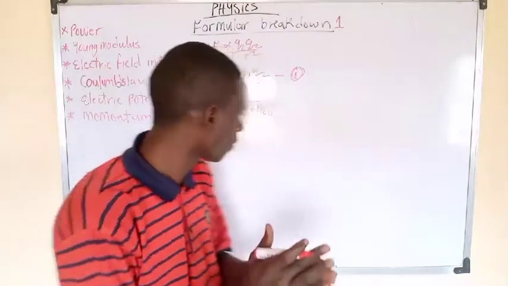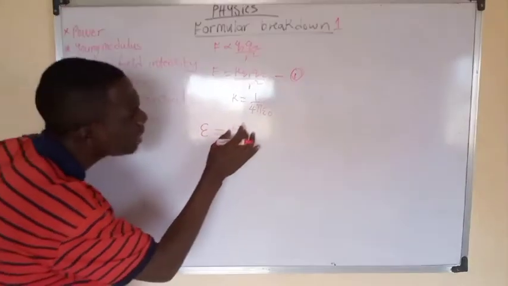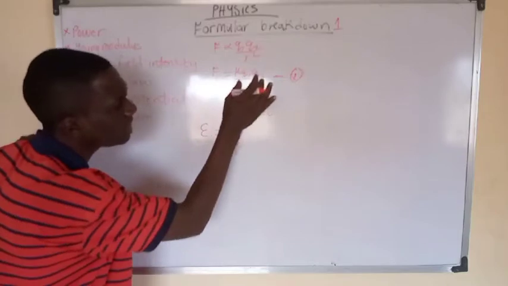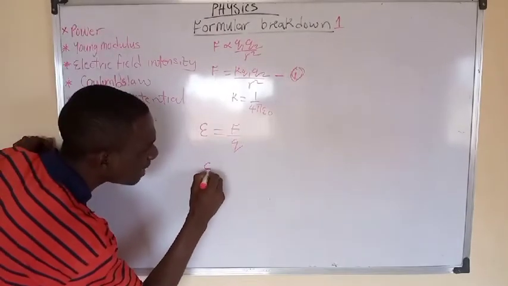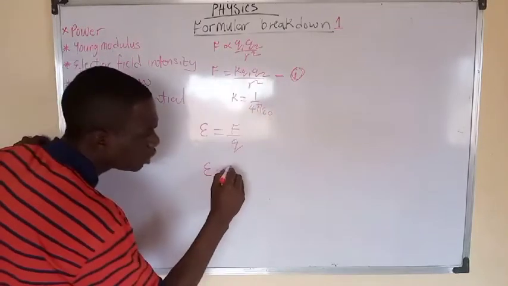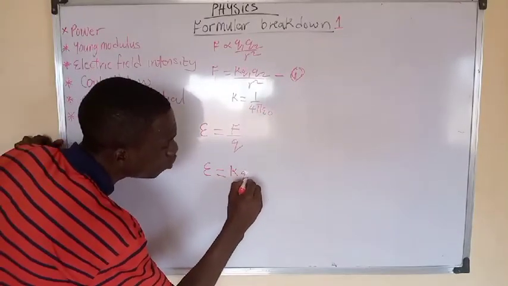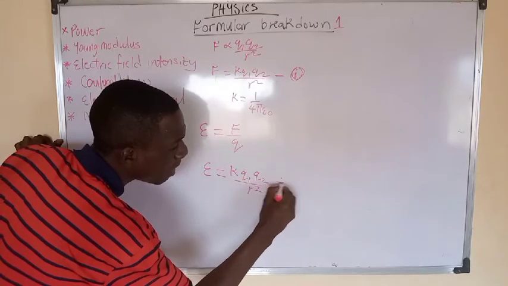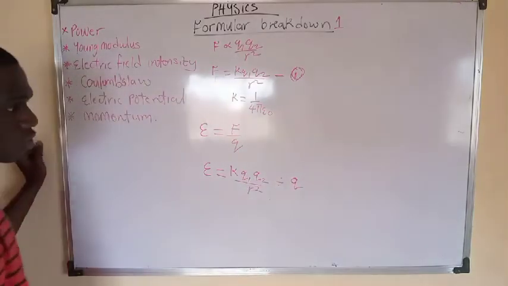But if the charges are unlike, there will be a force of what? Attraction. Alright, so now if I introduce the value for F, which is equal to this in this equation, that means my E becomes what? Now instead of writing F, I'll write this value, which is what? K Q1 Q2 over r squared divided by what? Q. Alright?